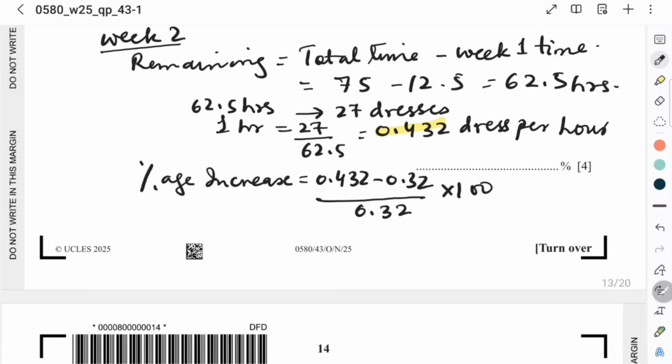So whenever you just do it, you will get 0.112 divided by 0.32 times 100, and that is equals to 35%. So if they compare week 1 and week 2, the increase in percentage is equals to 35% making per hour.